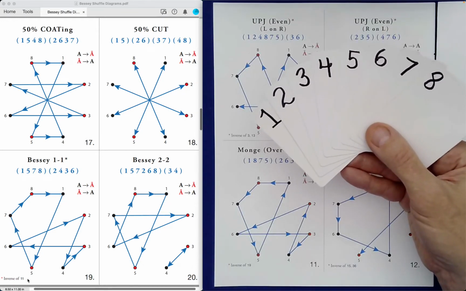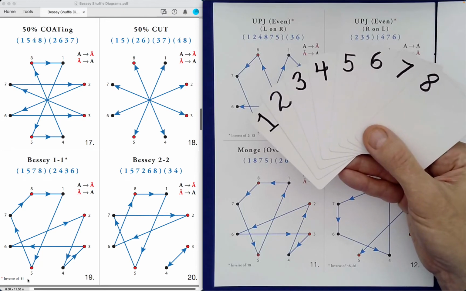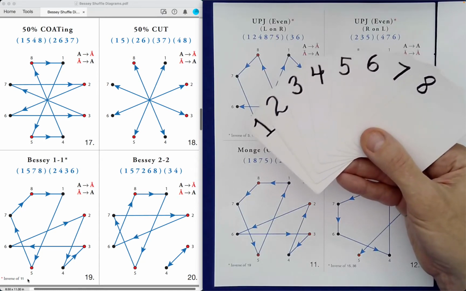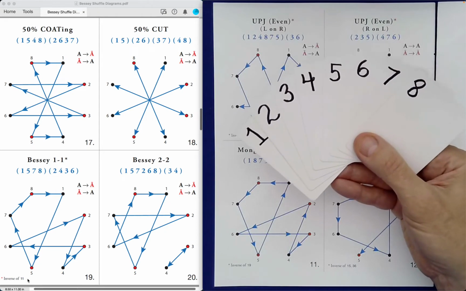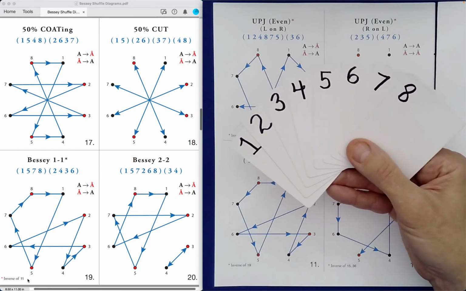You'll reset the packet. The key is you just need to perform the mange over under and the Bessey 1-1 the same number of times altogether. But the exact order in which you do that will not matter. Now that's not as clear to a majority of observers.